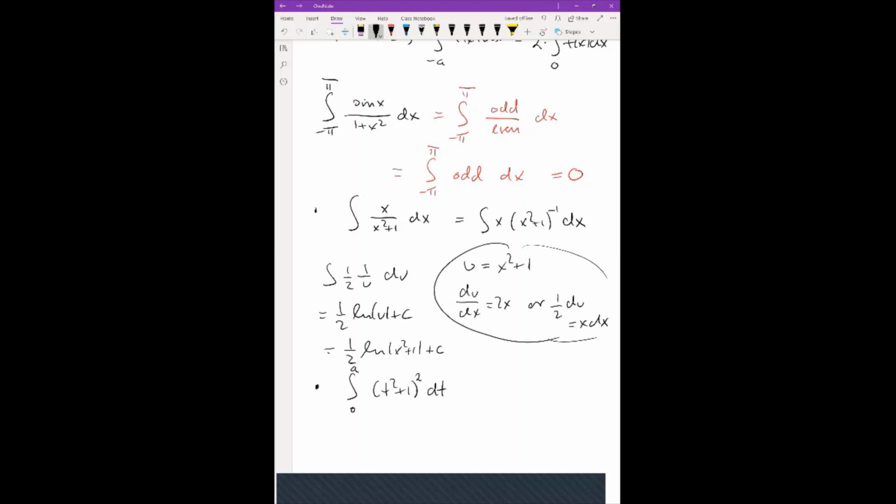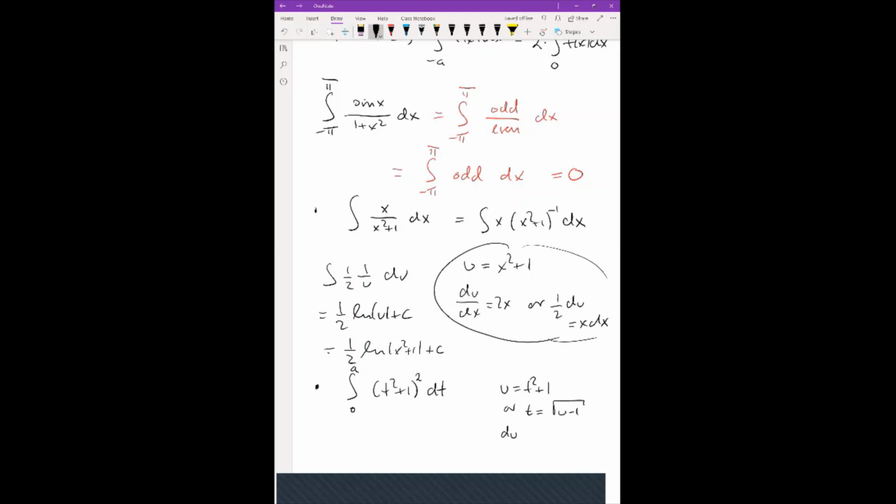Whatever you do, the integral will become more complicated, and never easier. So what would be a typical u substitution? u equal to t squared plus 1. If you solve this for t, it is then the square root of u minus 1.